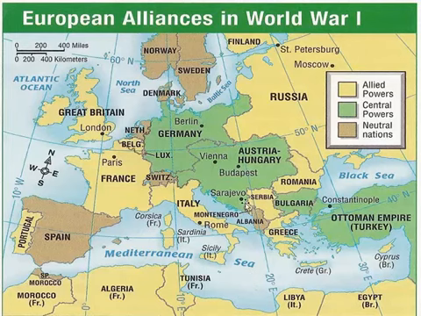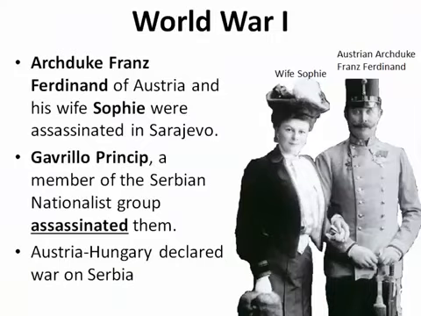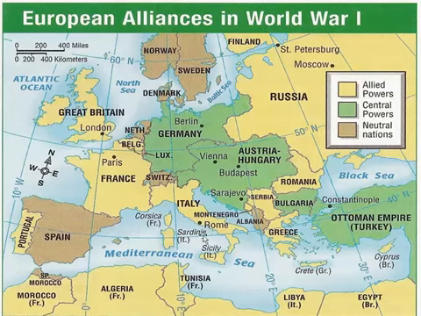And here in Serbia, a Serbian nationalist named Gavrilo Princip and his group assassinate both Austrian Archduke Franz Ferdinand and his wife Sophie as they rode in an open car. He shoots and kills both of them. And then Austria-Hungary is going to declare war on Serbia. Here's Austria-Hungary. Here's Sarajevo where they were assassinated.